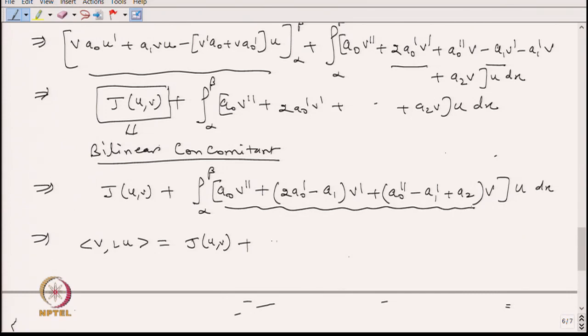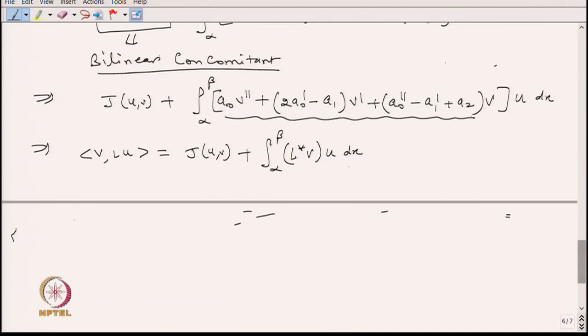So, I call it by a new name, suppose L star of v, and then u dx.